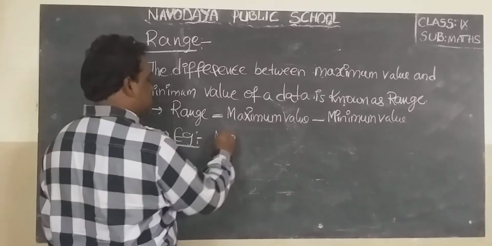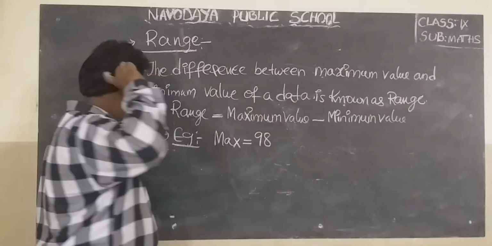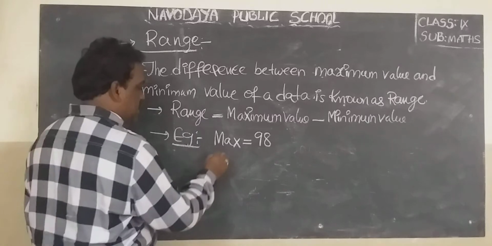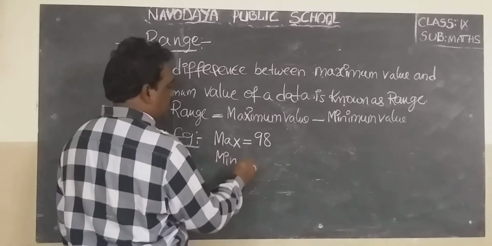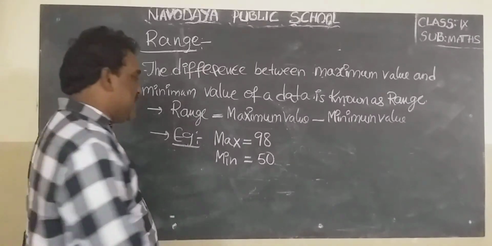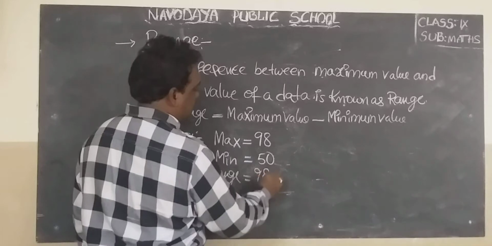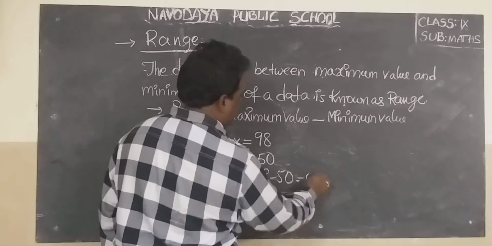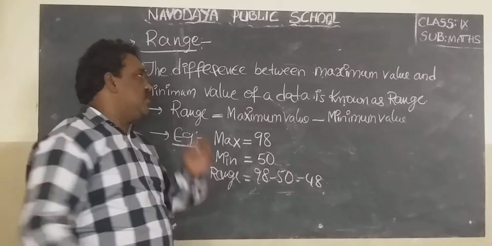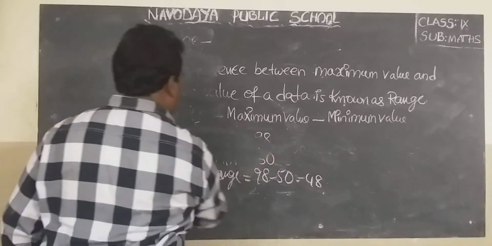Suppose the highest mark in mathematics is 98, and the least mark, the minimum, is 50. Range equals 98 minus 50, which is 48. So that is about range: maximum value minus minimum value, or highest value minus least value.